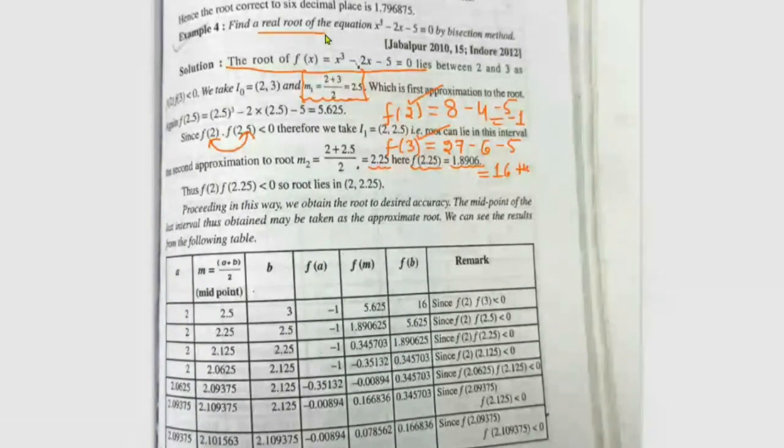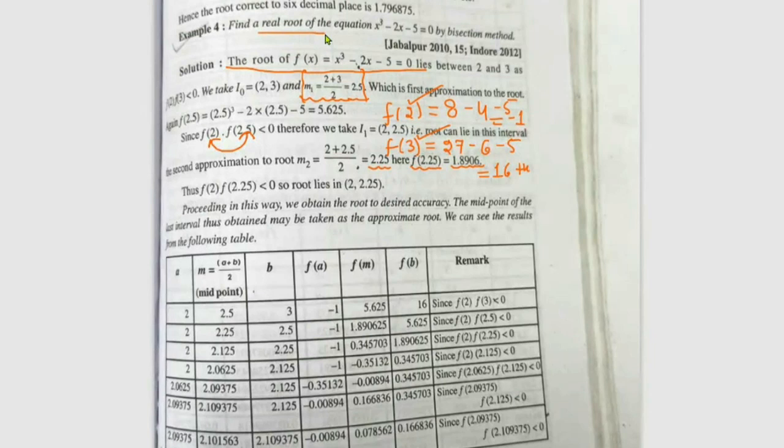So f of 2 into f of 2.25 is less than 0. Proceeding in this way, you will get the convergent solution. Convergent means if two successive solutions are approximately the same, you will stop there and take the result.